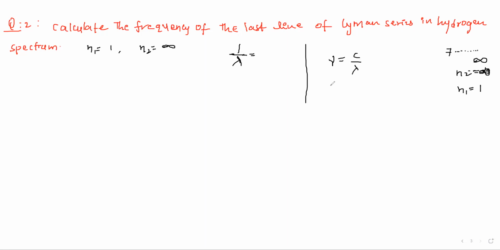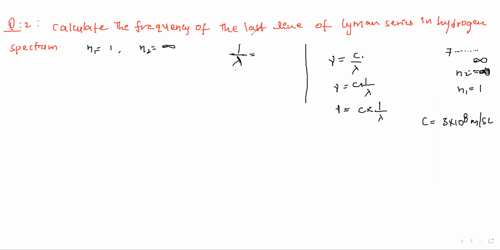So frequency equal to C into 1 by lambda. If you get the 1 by lambda value, you have to substitute it here. Nu equal to C into 1 by lambda will give the answer. C we know already, the velocity 3 into 10 to the power of 8 meter per second. Are you able to do this one, or shall I explain?